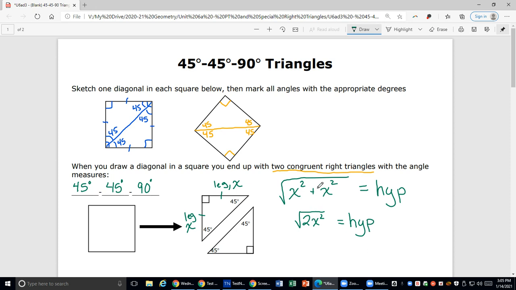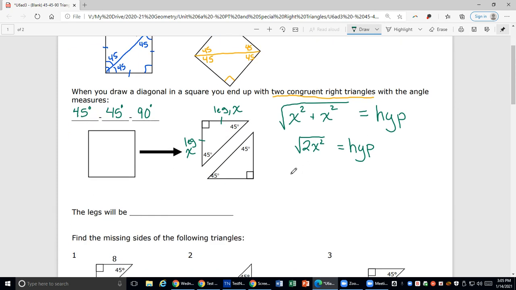Now remember, you can't square root individually when you're adding or subtracting, but it is kind of neat that it does work when you are multiplying. So when I'm multiplying, this is really the square root of 2 times the square root of x squared. That I can split to be my hypotenuse.